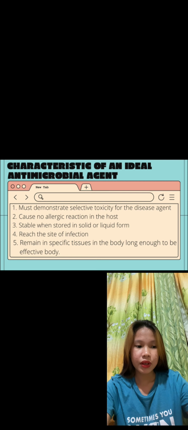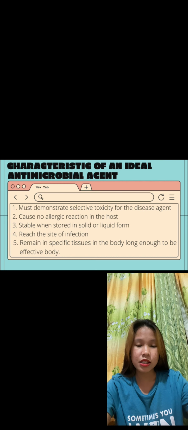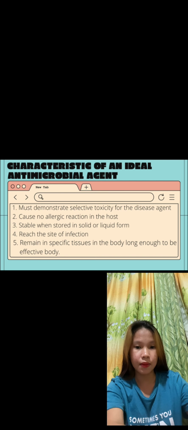Fourth, it reaches the site of infection. When you swallow an antibiotic pill or liquid, it enters your digestive tract and is absorbed into the bloodstream, just as nutrients are from food. It circulates throughout the body, soon reaching its target area where pathogenic bacteria are causing an infection.